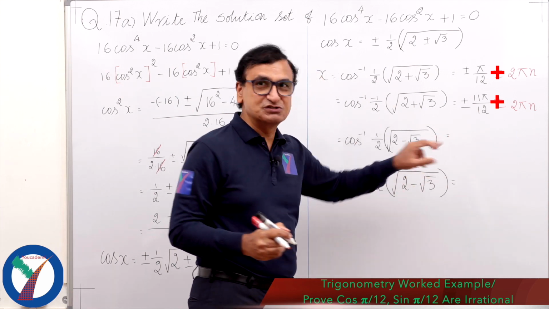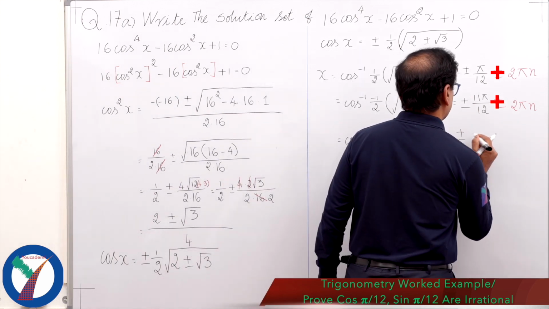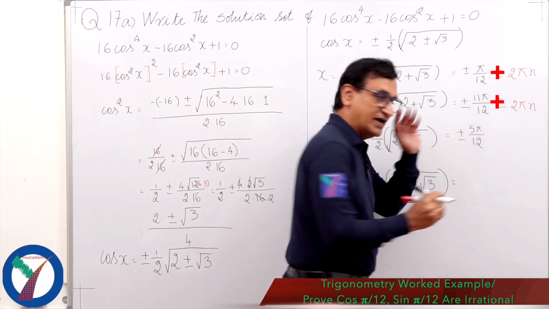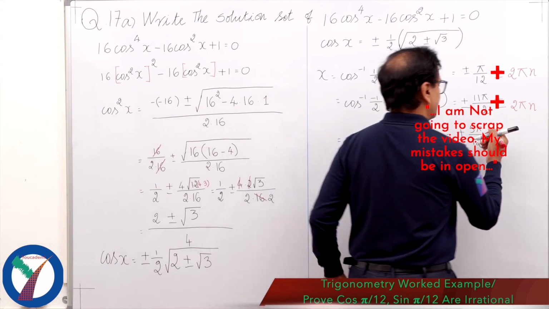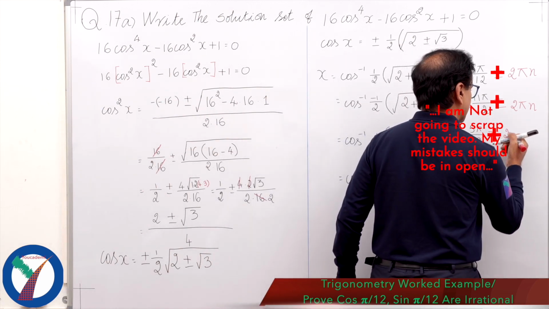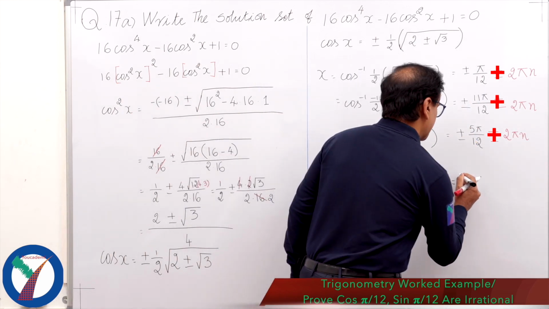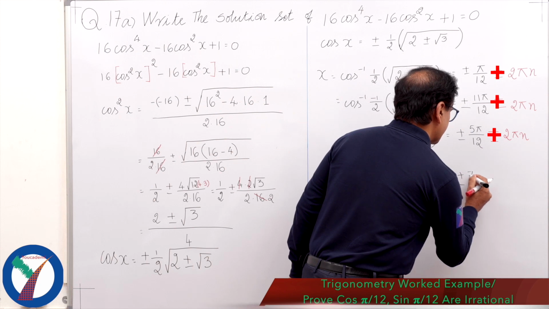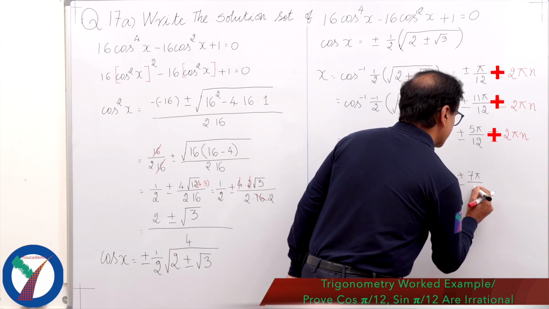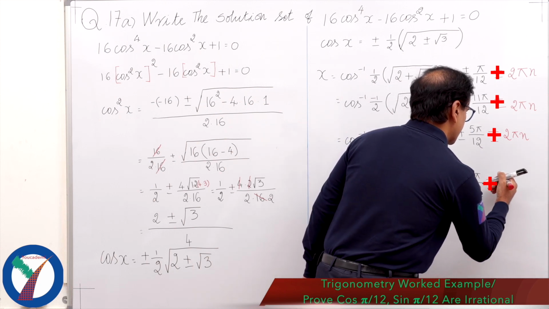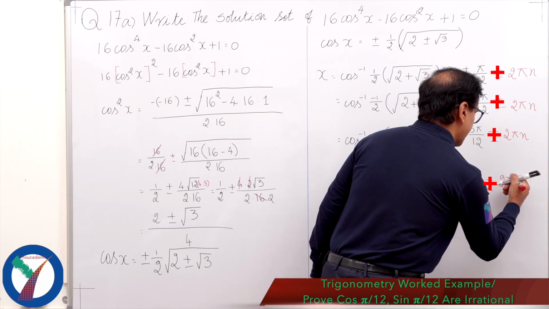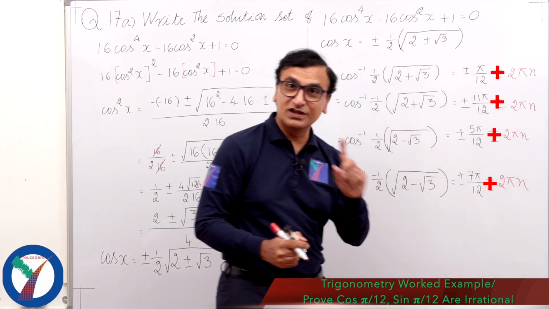This principal value is 5 pi by 12 plus or minus 2 pi n. Similarly, this will be plus or minus 7 pi by 12 plus or minus 2 pi n, where n is set of all integers.